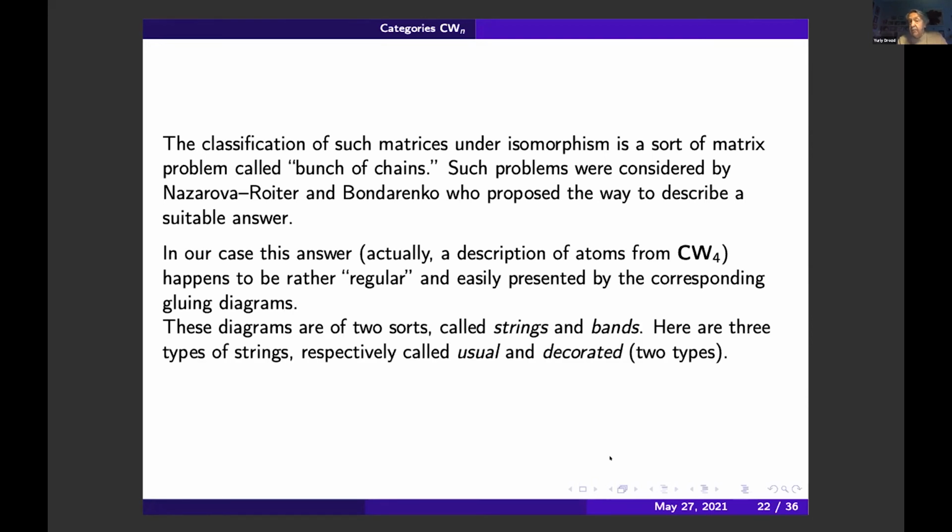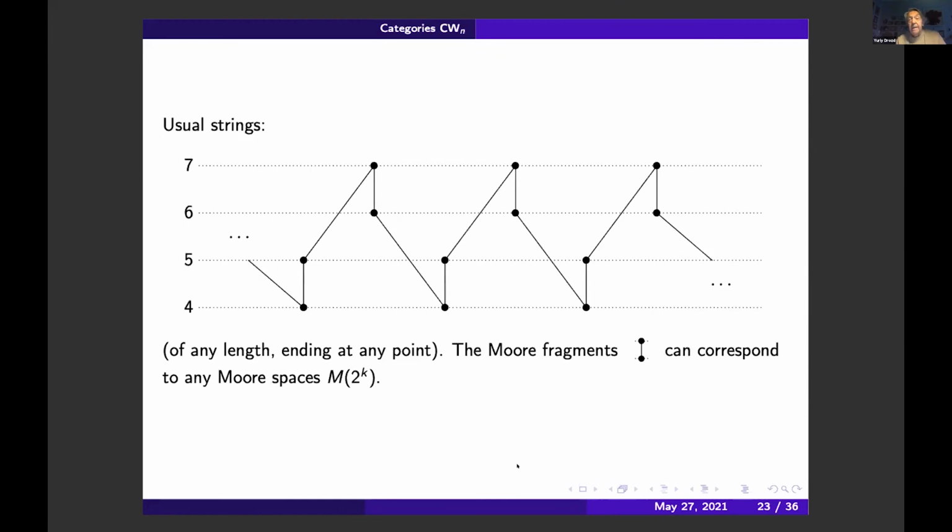These diagrams are of two sorts, called strings and bands. And there are also 3 types of strings, usual and decorated. The usual strings are of this sort. So we have Moore atoms, and they are glued like this.